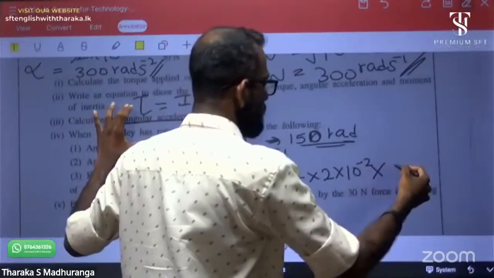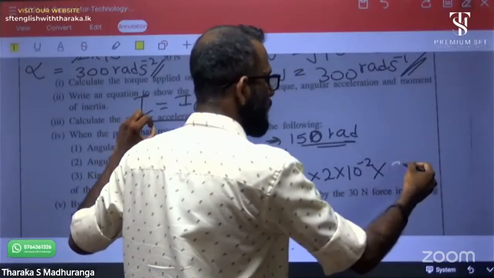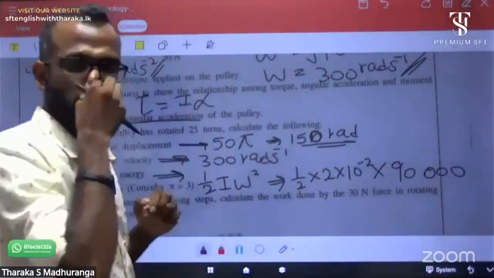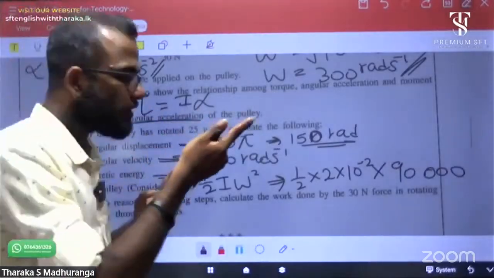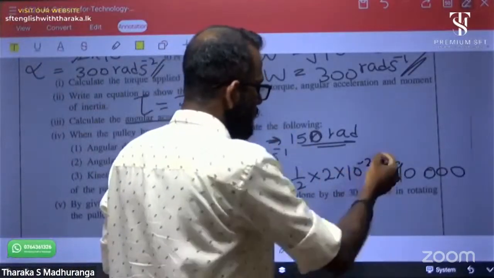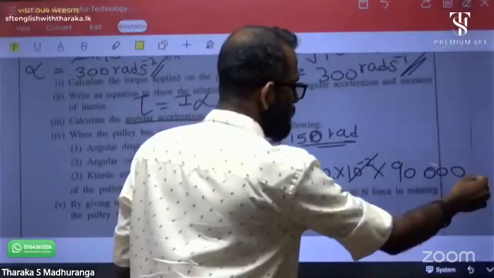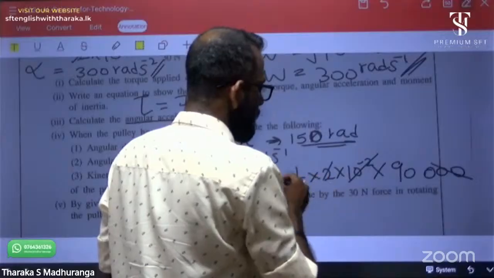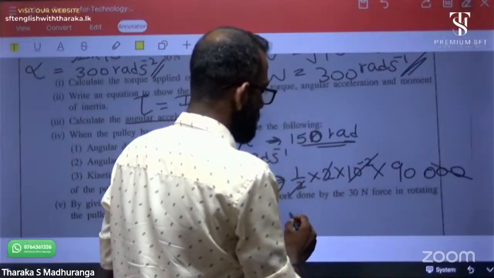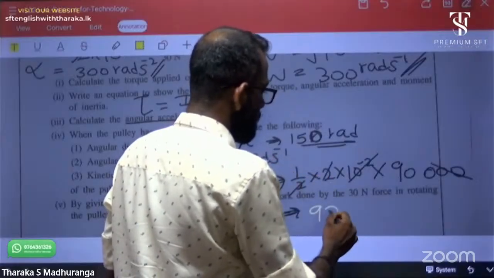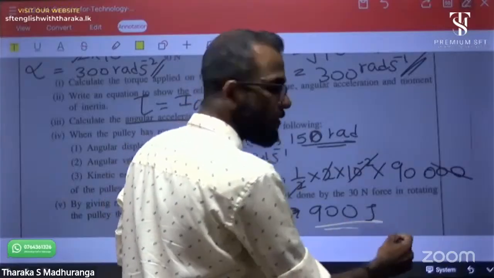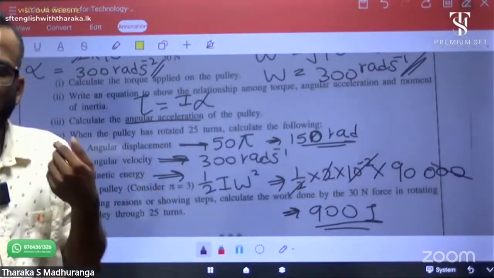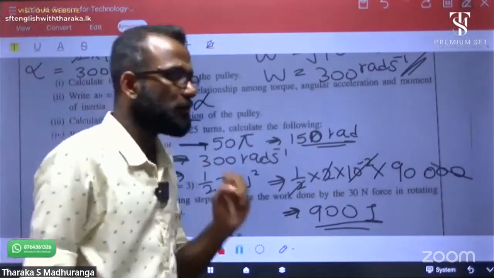Omega squared is 90,000, 300 squared. Now minus 2, the 2 zeros cancel. 900, correct? 900 joules, great.